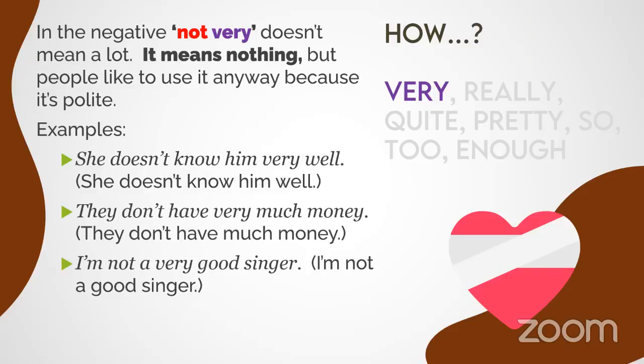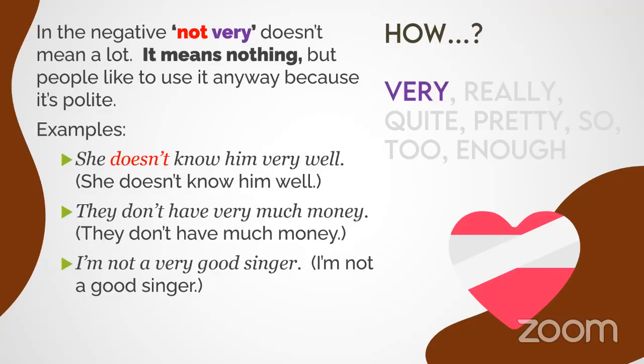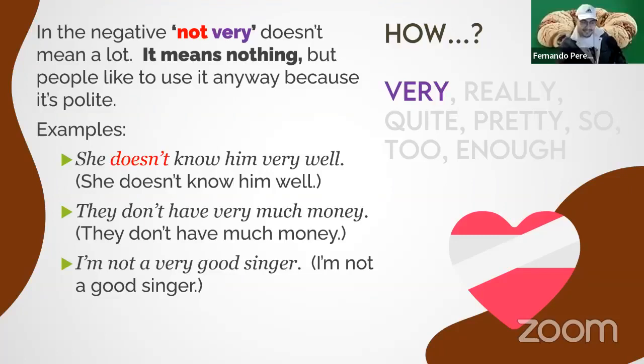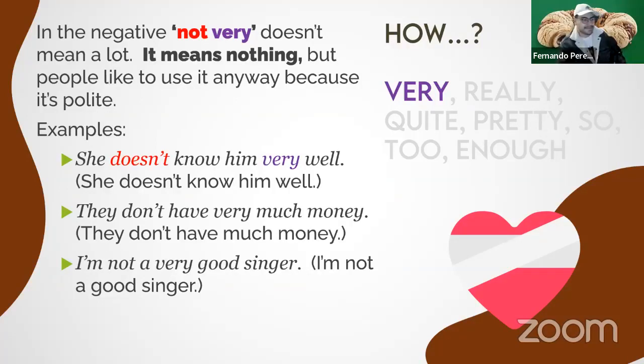For example, she is not a very good cook. Exactly. She is not a very good cook. It's a good example. Very good. What other situation describes the not very?